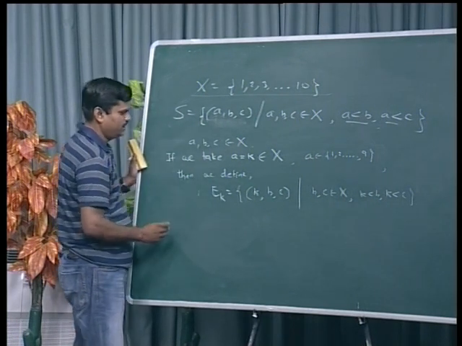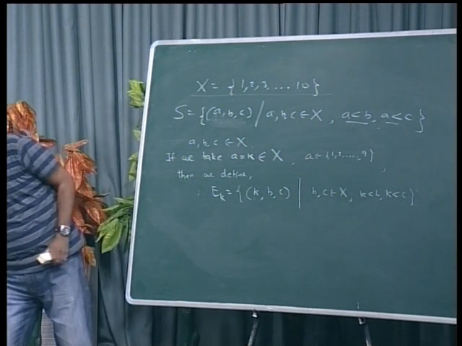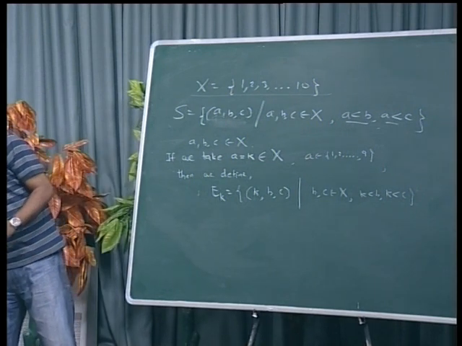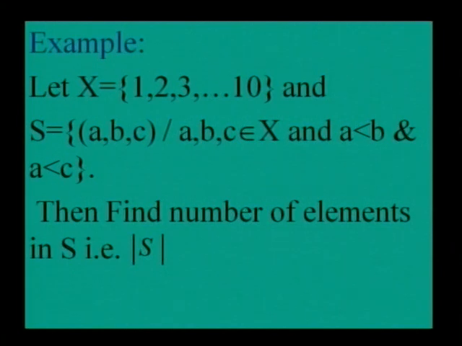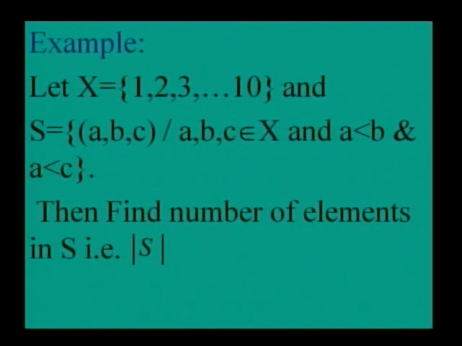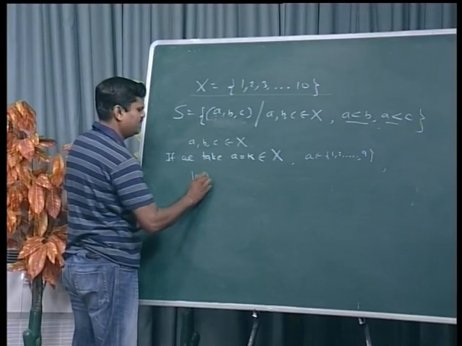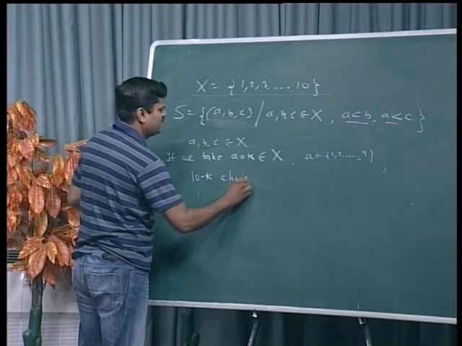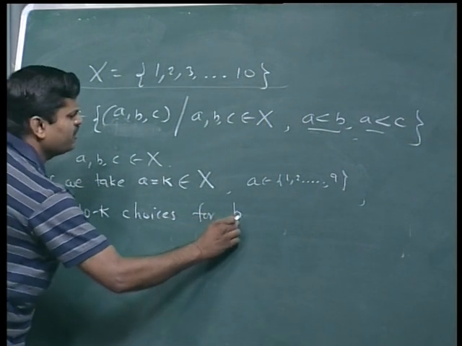So if we take A equal to K belongs to X, then there are 10 minus K choices for B and C.